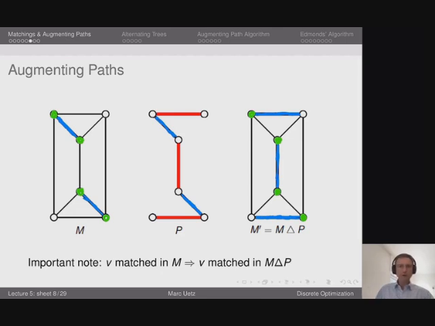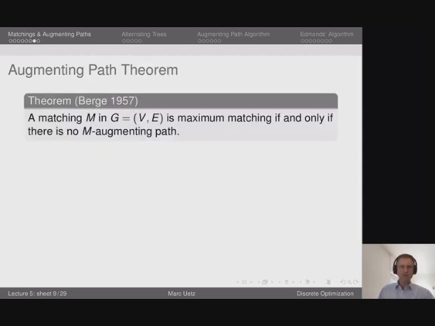So if there is no more augmenting path, it's really just like with flows, then the matching is already a maximum size matching. That's a theorem that was already proved by Berge in the 50s, and it's the characterization of matchings by M augmenting paths. So a matching is a maximum size matching if and only if there is no M augmenting path anymore.